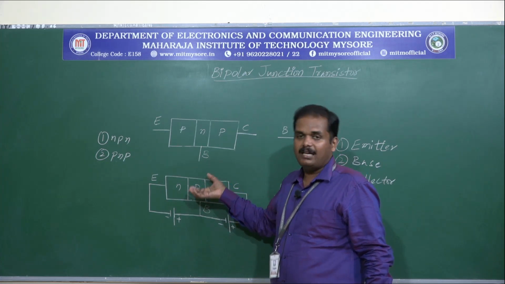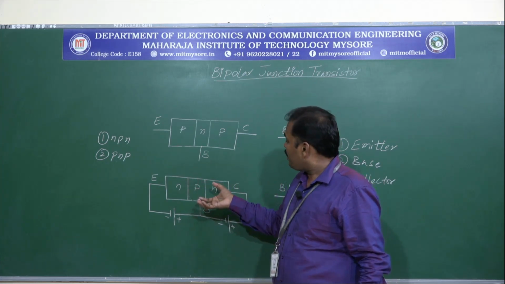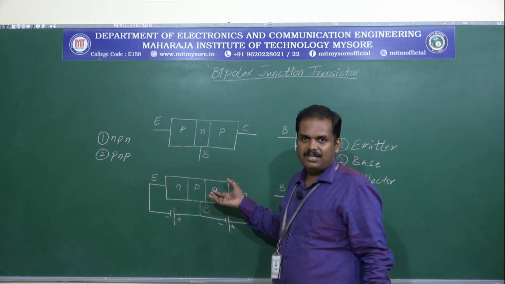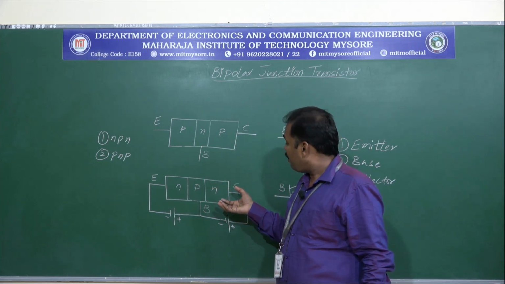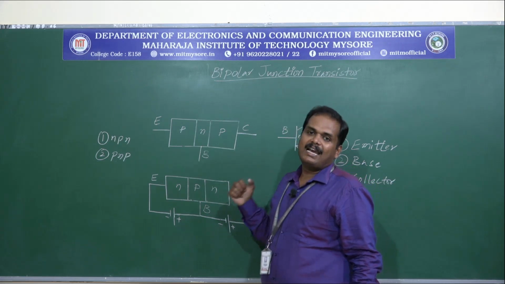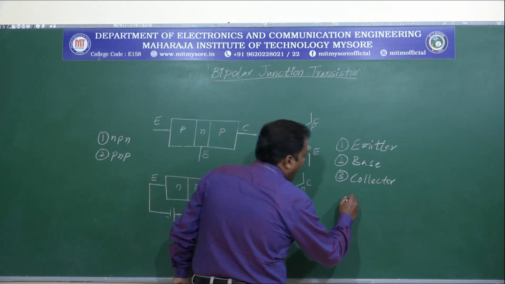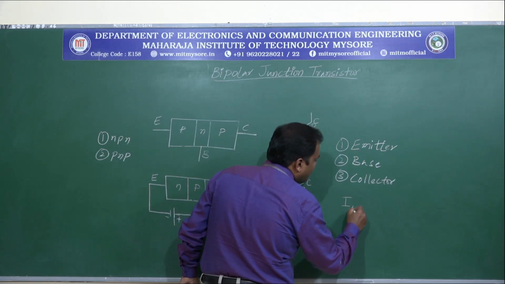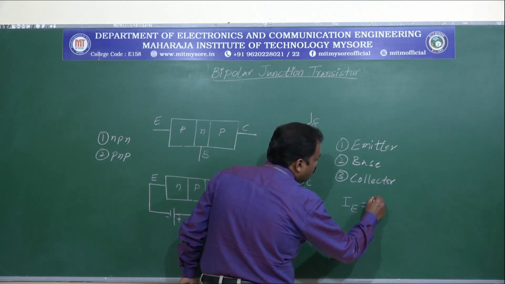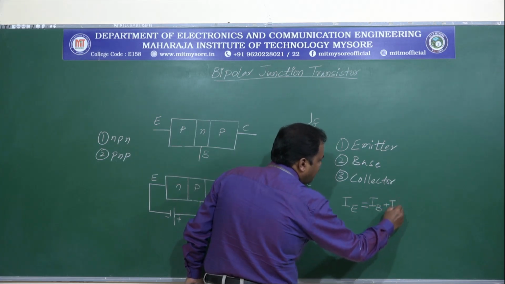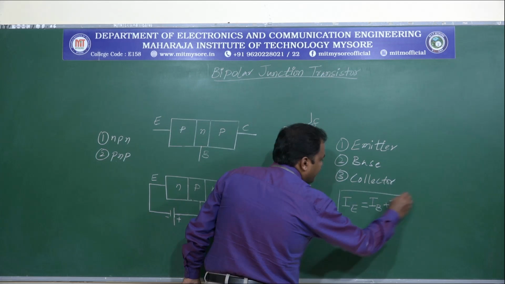The remaining electrons will be collected at the collector region, and maximum current will flow in the collector terminal. So we can say IE, which is the emitter current, is equal to the summation of the base current and the collector current.